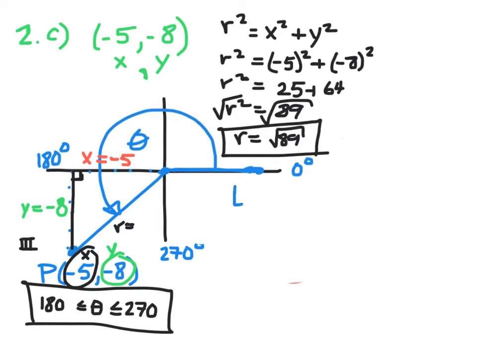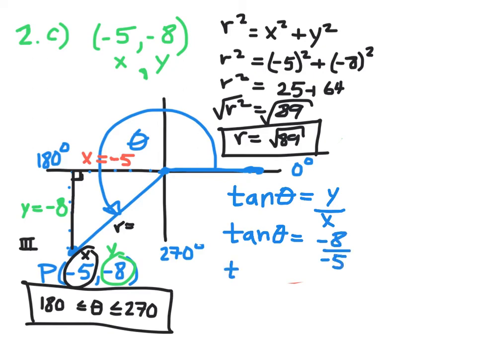And I know that tan theta is always y over x. And so tan theta is going to be y, which is -8 over x, which is -5. Or tan theta is equal to negative divided by a negative is a positive, so 8 over 5. Okay, so this is tan theta.